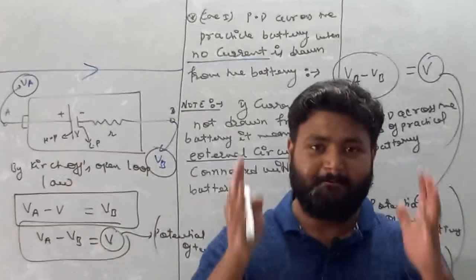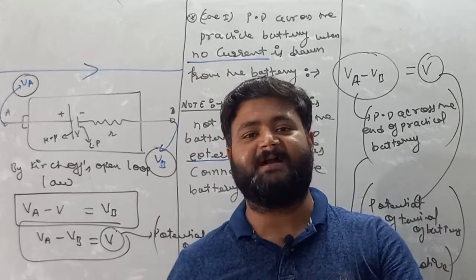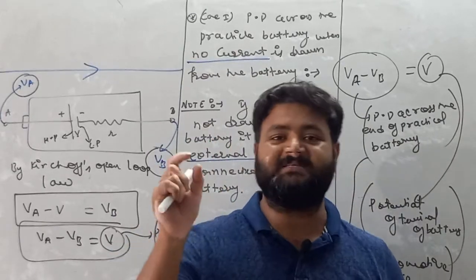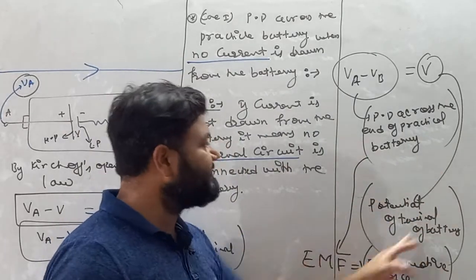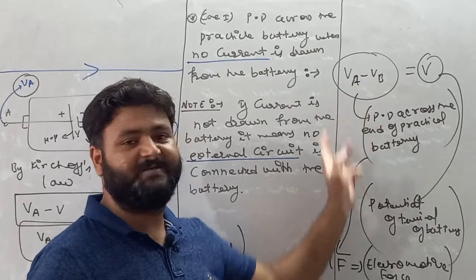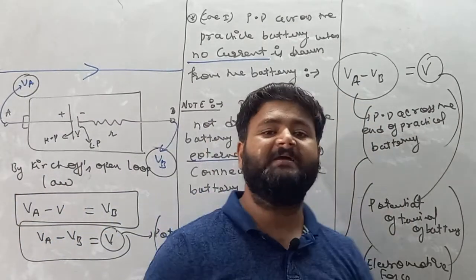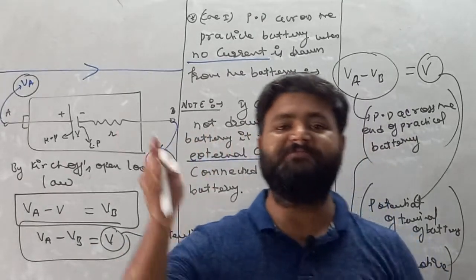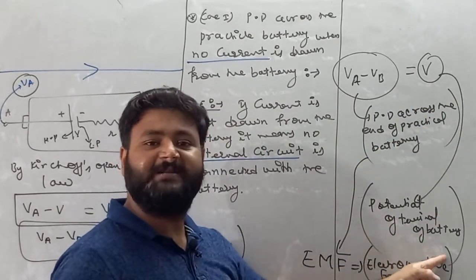Under this situation, the potential difference of the practical battery is said to be EMF, and its value equals the potential of the terminal of the battery.